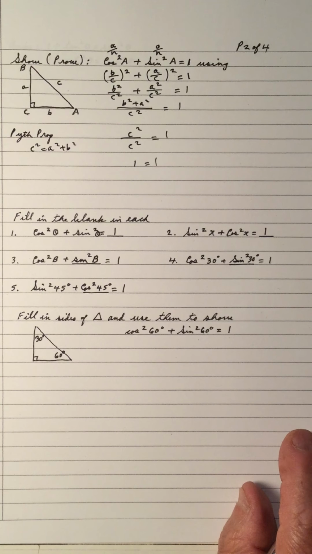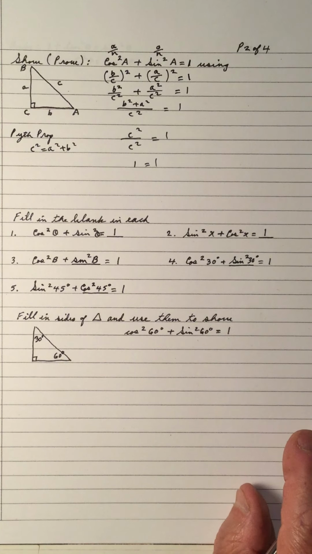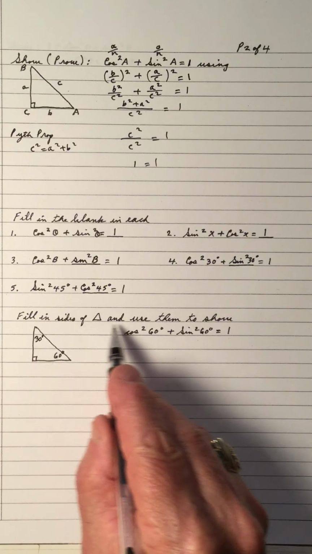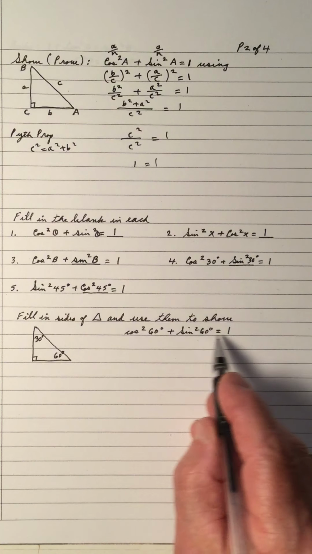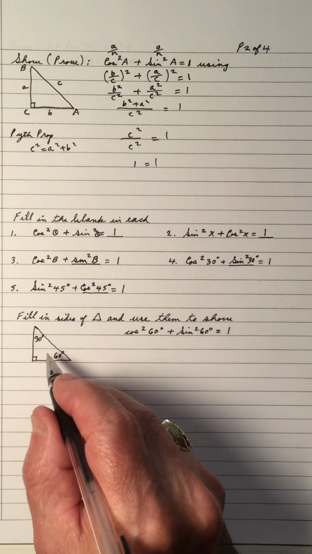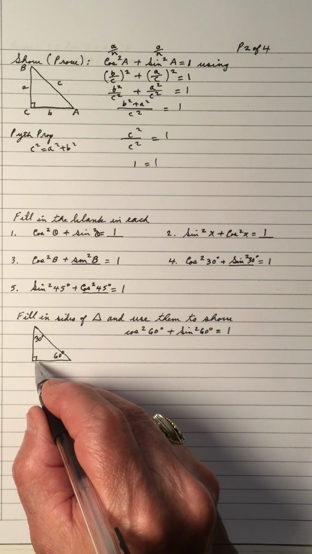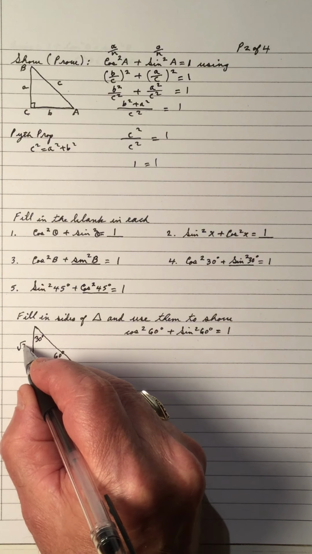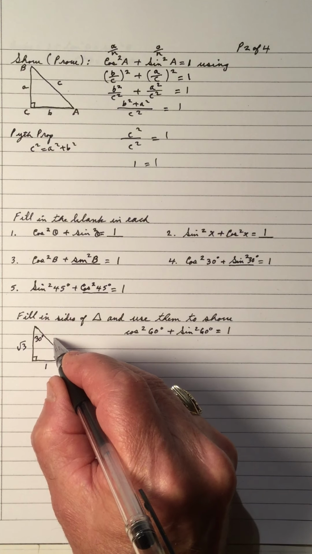Now to prove that again in the special right triangle, I have a 30-60-90. I'm going to fill in the sides and use them to show that this is true. So here we go. This is the 30-60-90 right triangle. Opposite 30 is 1, opposite 60 is root 3, and opposite the 90 is 2.